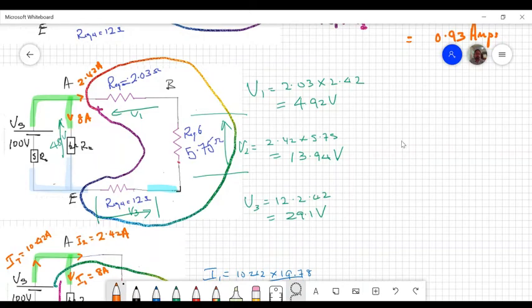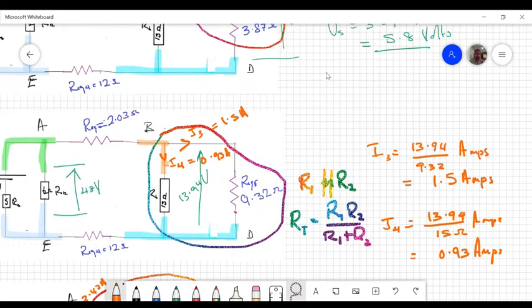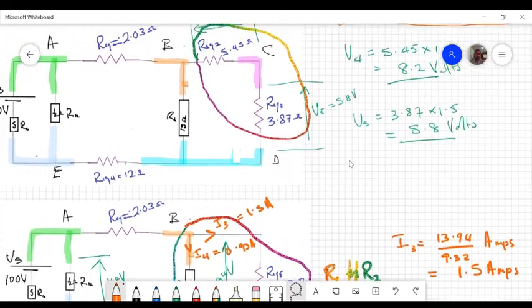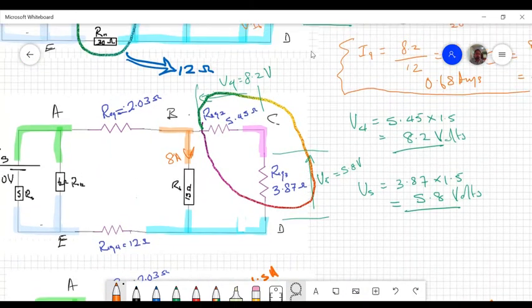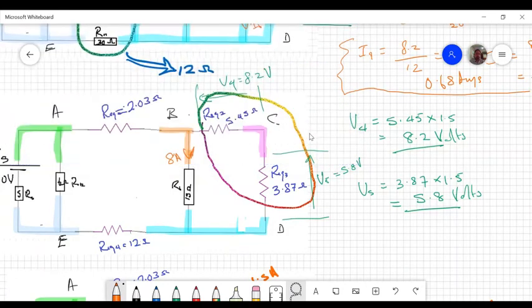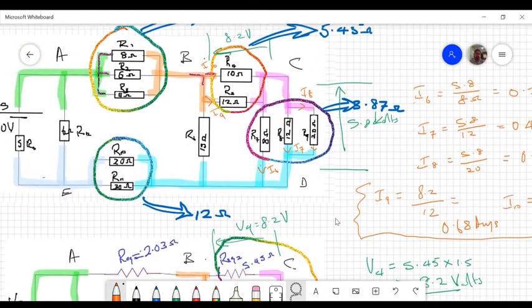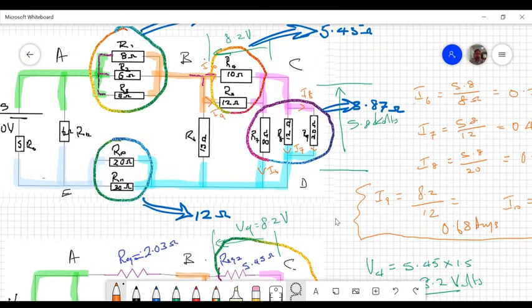So we can write that in. This we know is 8 amps. This we know is 8 amps.